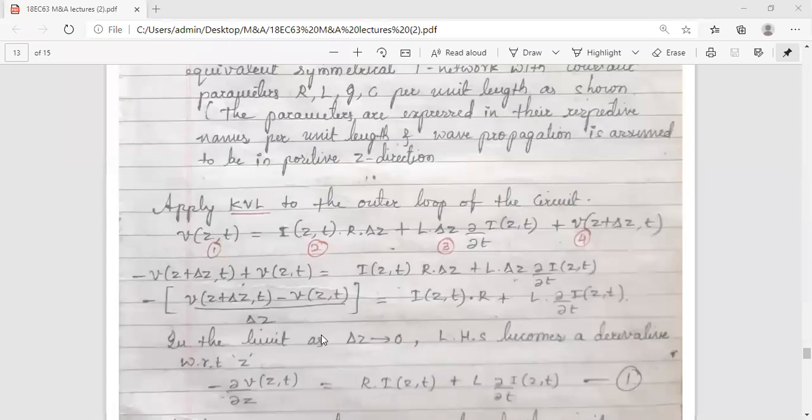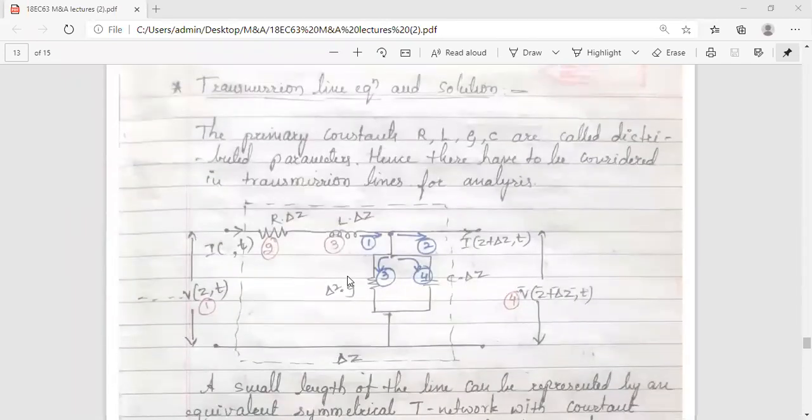To analyze the circuit, you might have already studied this in your NT subject, transient analysis and all; I think HOD sir had taken that subject for you. Whenever a circuit has a resistor, inductor, capacitor, you have applied these basic Kirchhoff's laws and found the differential equations for them. From that, you find the frequency and all further analysis.